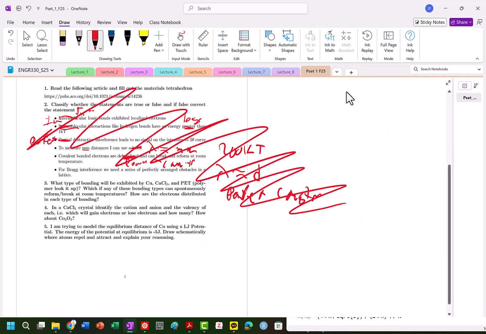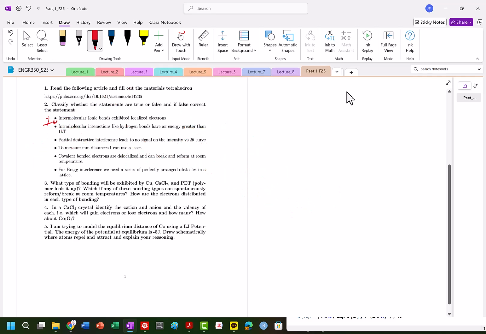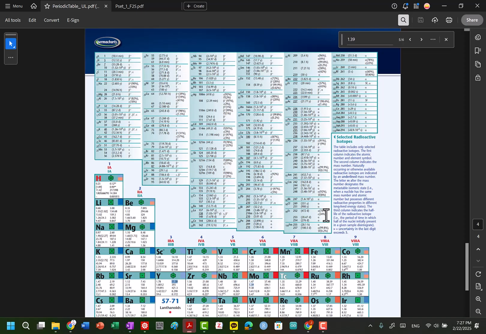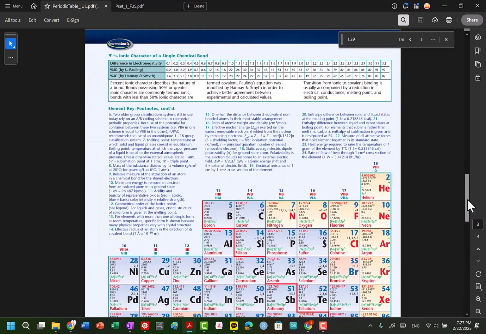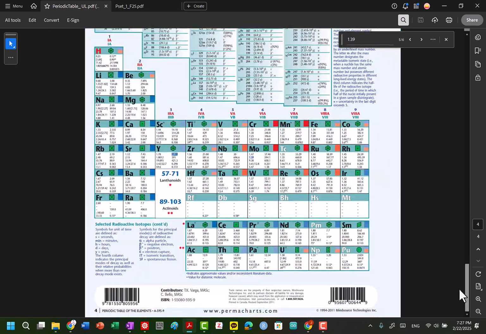Fantastic. What type of bonding will be exhibited by Cu? That will be metallic. Those bonds are delocalized, and they cannot spontaneously break and reform at room temperature. CaCl2. Let's look at what's our electronegativity. Cl is 3.16.